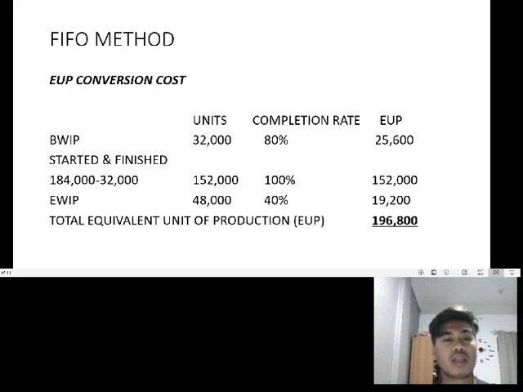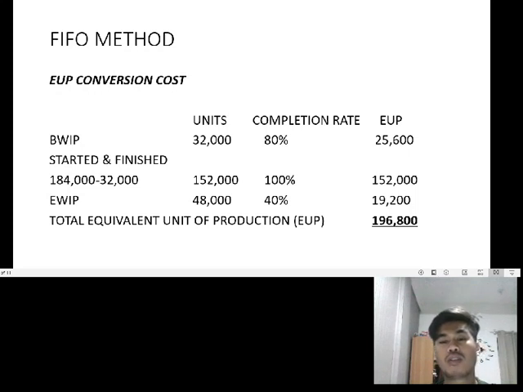Yung sinabi kanina na beginning work in process, 20% lang daw, so kailangan mo siya ng 80% para matapos yung product. Again, 100% yung started and finished units. Ending work in process naman, given naman siya sa problem, 40% lang daw yung natapos.